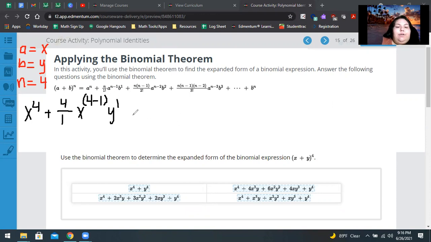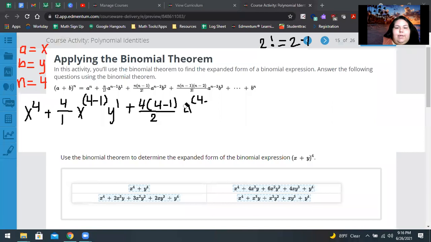Moving on to this third term, plus it's going to be n, so that is 4, then n minus 1, or 4 minus 1, over 2 factorial. If we handle 2 factorial right now, it's the same thing as 2 times 1, which is 2. Then it's a to the n minus 2 power, or the 4 minus 2 power.